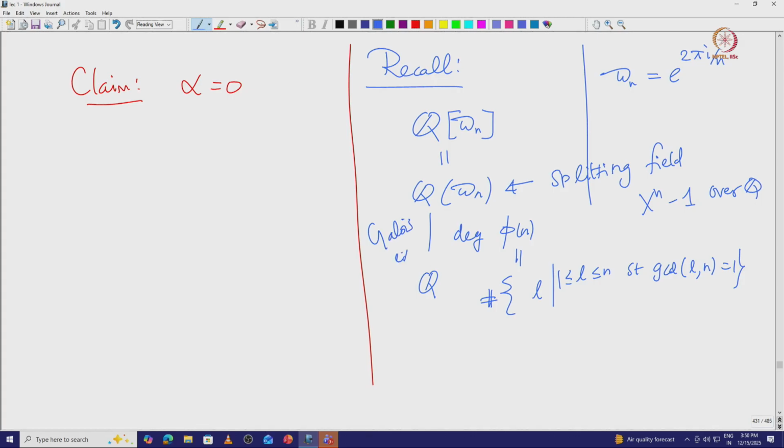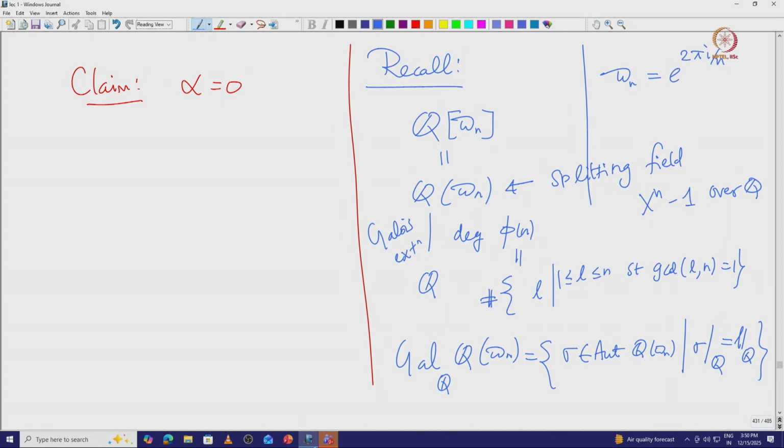The Galois group is the automorphism group of Q of omega n which fixes Q. So, let me just recall the Galois group of Q of omega n over Q: it consists of those automorphisms of Q of omega n such that the restriction to the rational numbers is the identity.